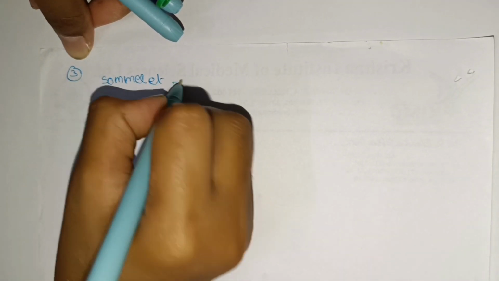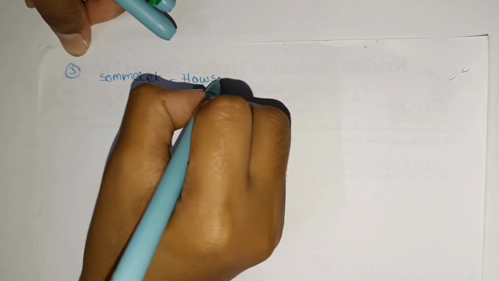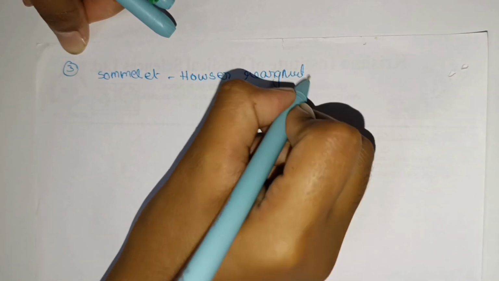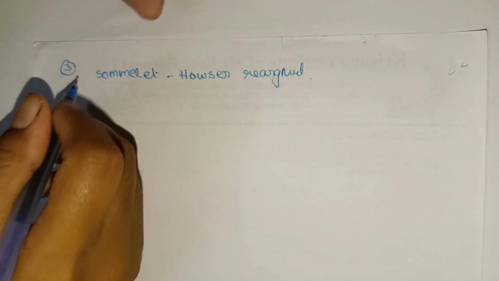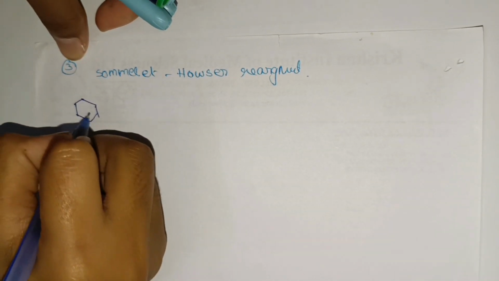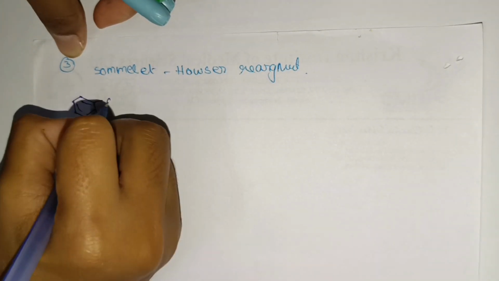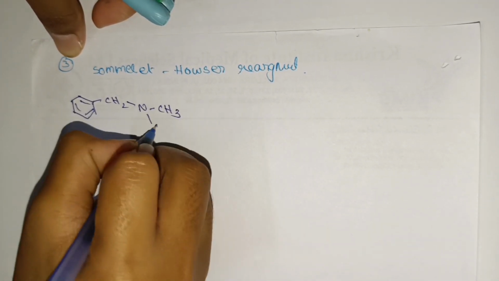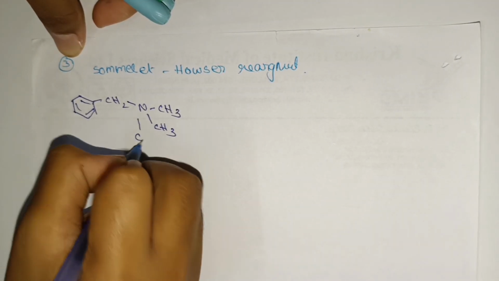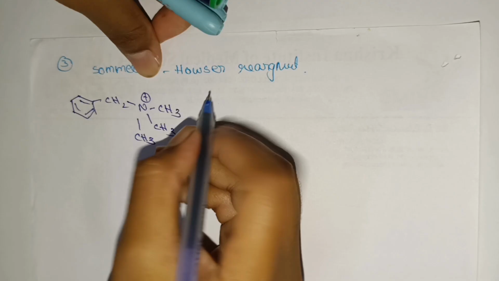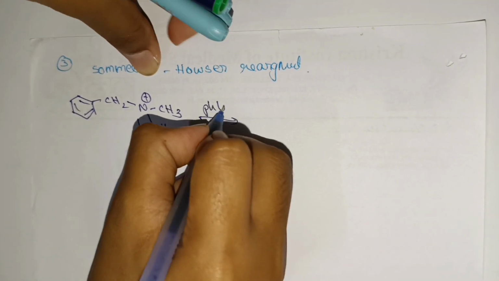Next, the third one is Sommelet-Hauser rearrangement. This is also a quaternary ammonium.